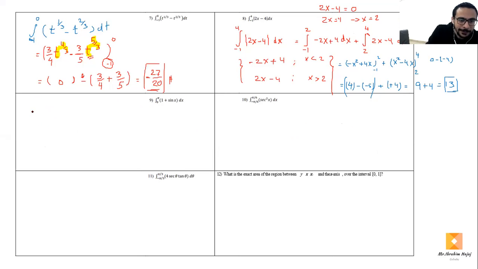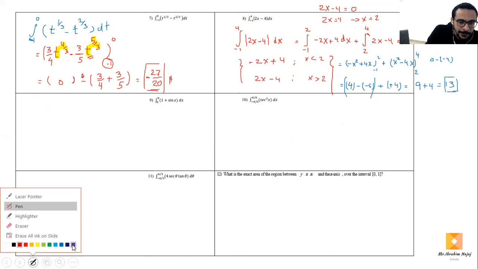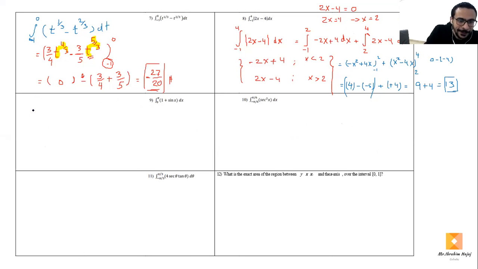Number 9. The integral from 0 to pi of 1 plus sine x dx. What's the integral of 1?